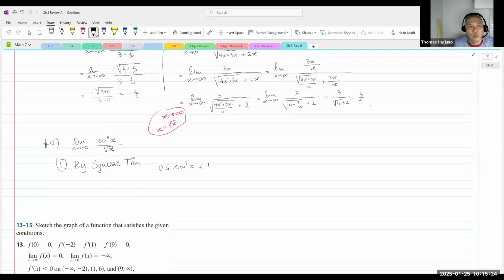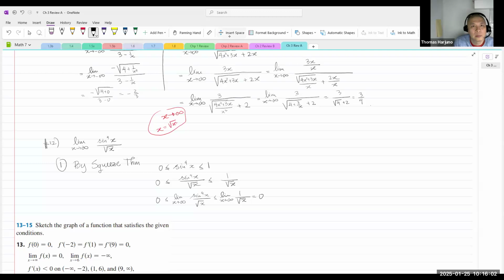Multiplying by 1 over the square root of x will give us still 0 on the left-hand side, sine to the fourth x over the square root of x in the middle, and 1 over the square root of x on the right. When I apply the limit, the left-hand side is already constant, so I don't need to apply the limit. The right is the limit as x goes to infinity of 1 over the square root of x, which we know is 0.